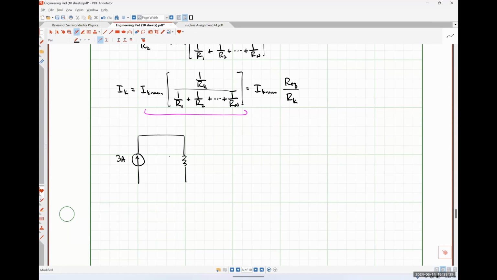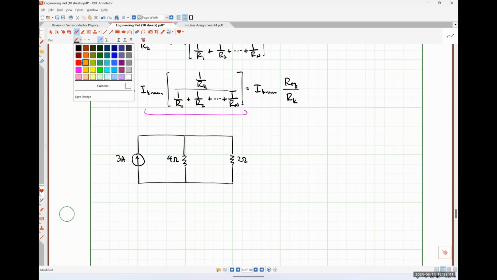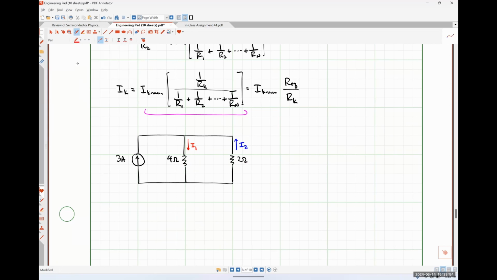Here we have a 4 ohm resistor and a 2 ohm resistor. And let's call this current I1. Sorry, I'm going to make that I4 in a second. This one I2.